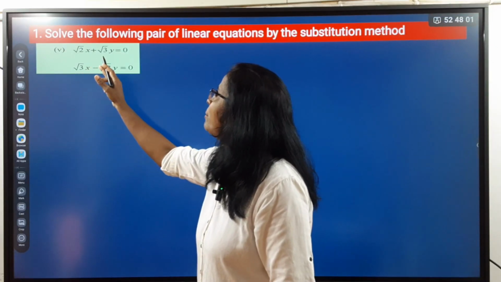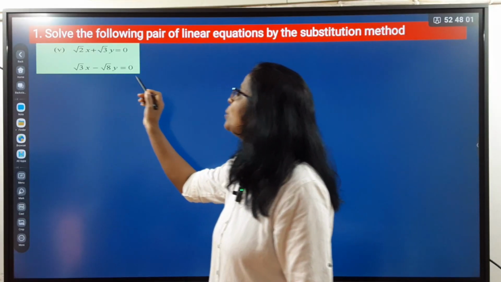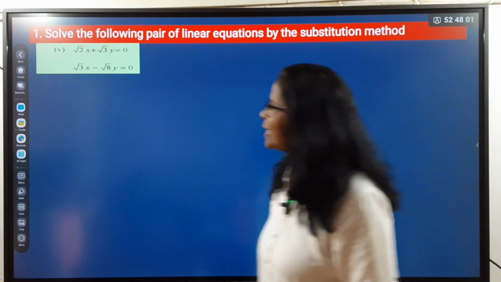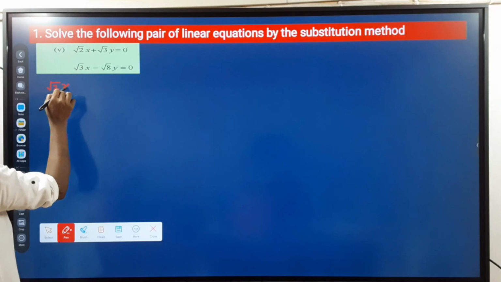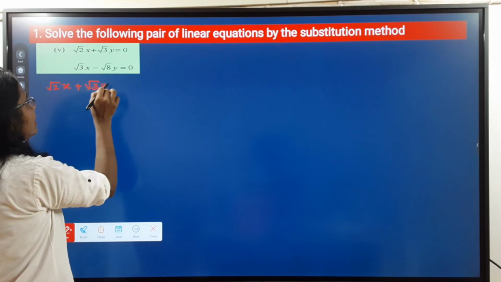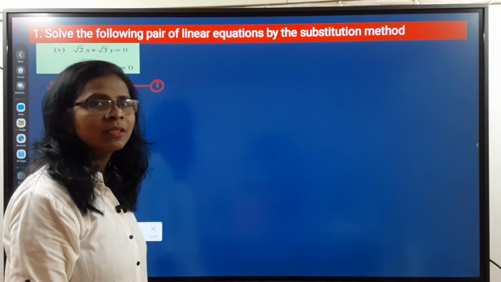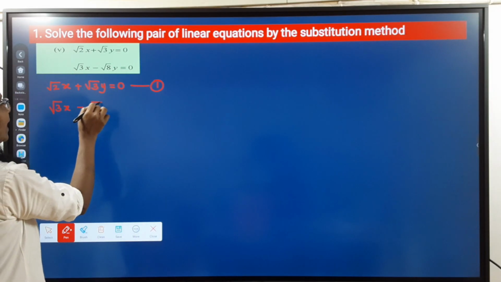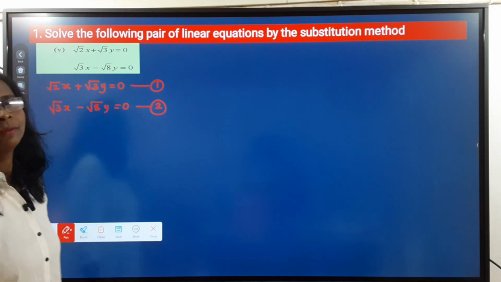Root 2x plus root 3y is equal to 0, and root 3x minus root 8y is equal to 0. So now here, students, I call root 2x plus root 3y is equal to 0 the first equation. And then, students, root 3x minus root 8y is equal to 0 the second equation.